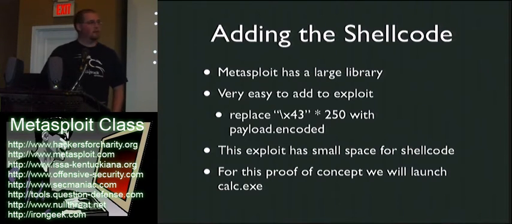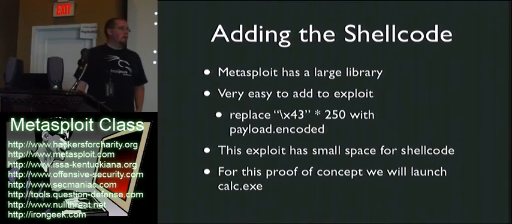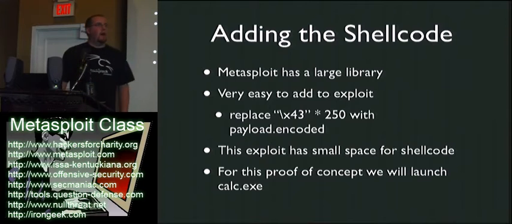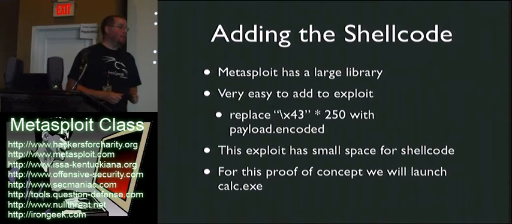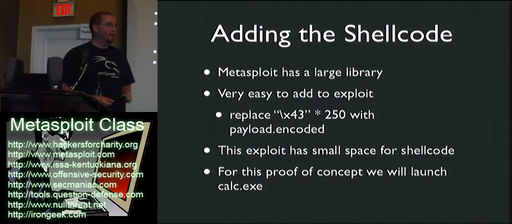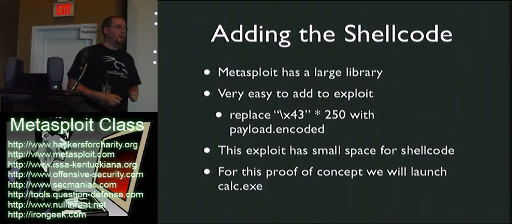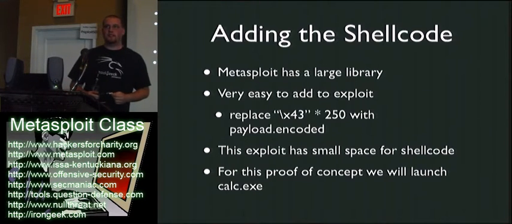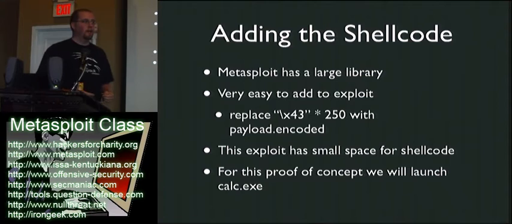When you threw in the 250, is there a reason for a second set of C's? I had played with it, and it's actually a pretty limited amount of space there, and 250 worked. I started with 300, and it wouldn't crash quite properly. Crashes are really sensitive to the sizing, so there is some behind-the-scenes playing that you just learn as you go.